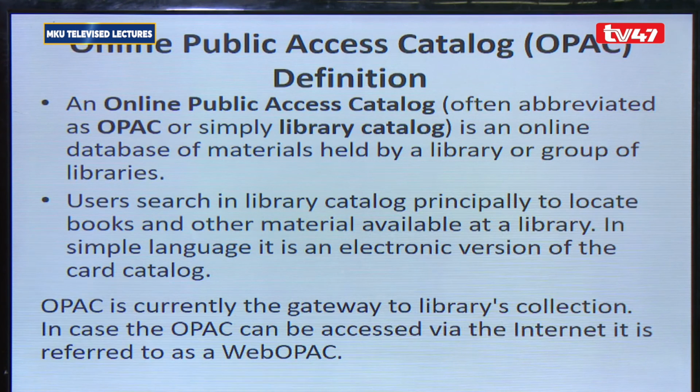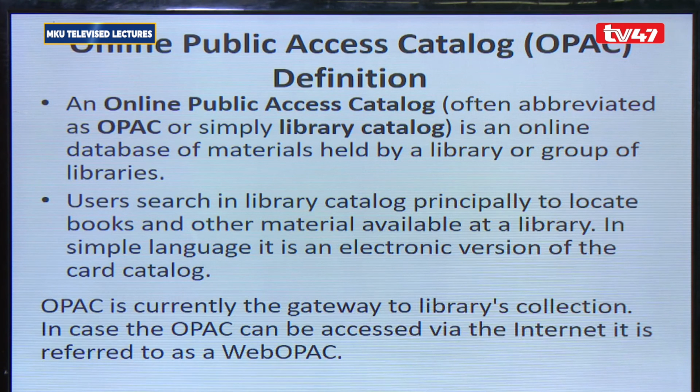Now, we'll talk about the online public access catalog. An online public access catalog is often abbreviated as OPAC, or simply library catalog. It is an online database of materials held by a library or a group of libraries.